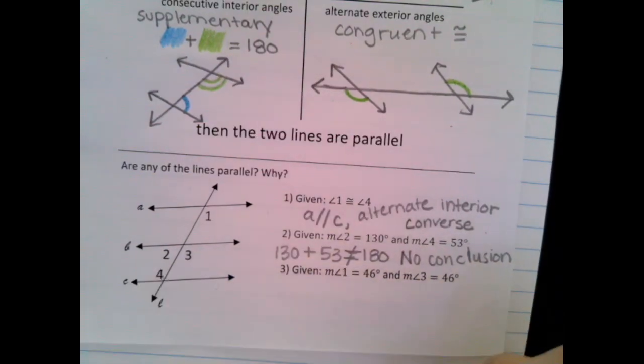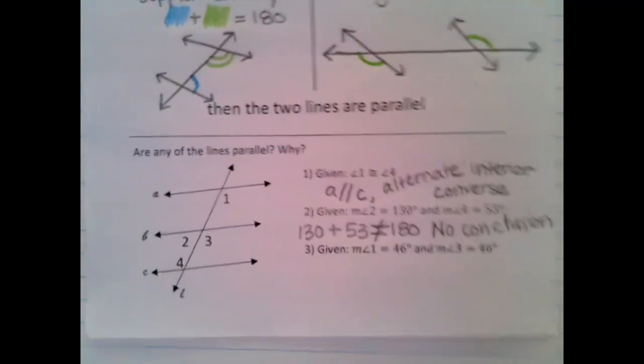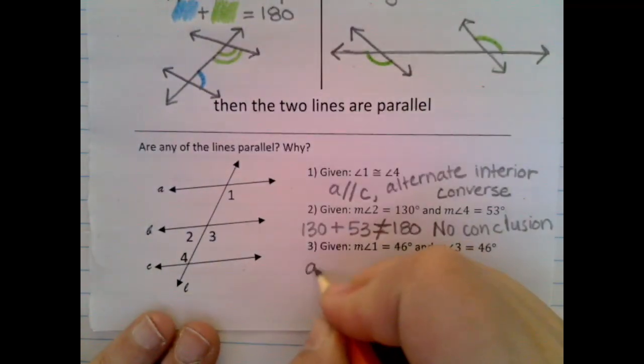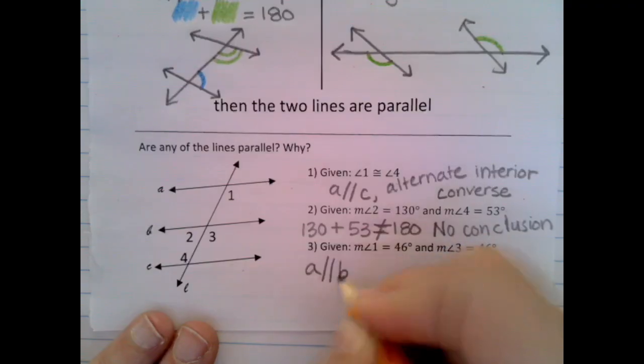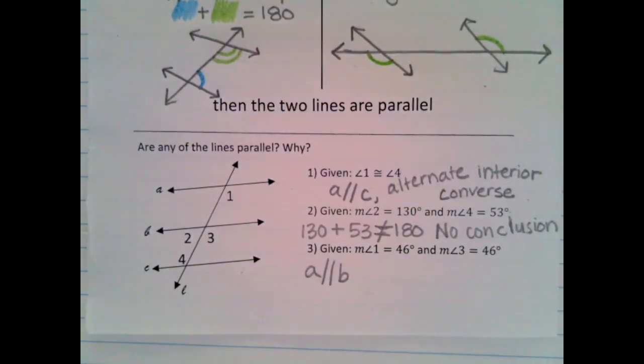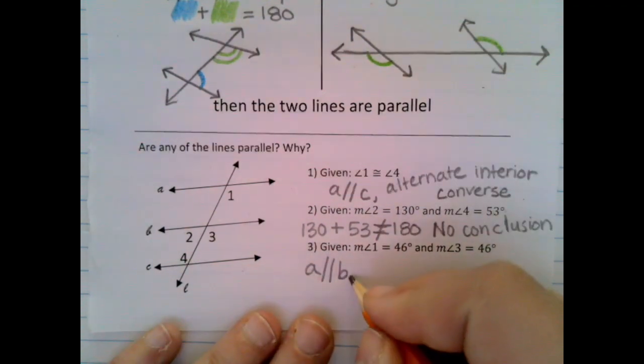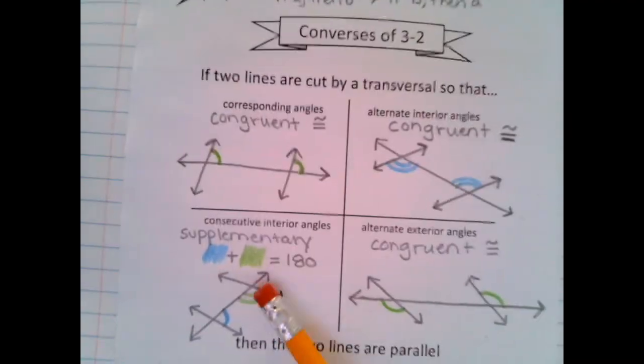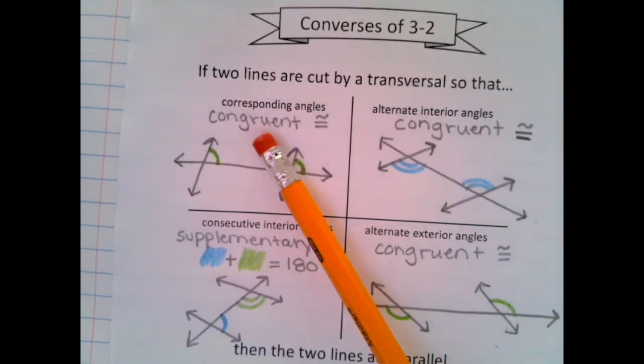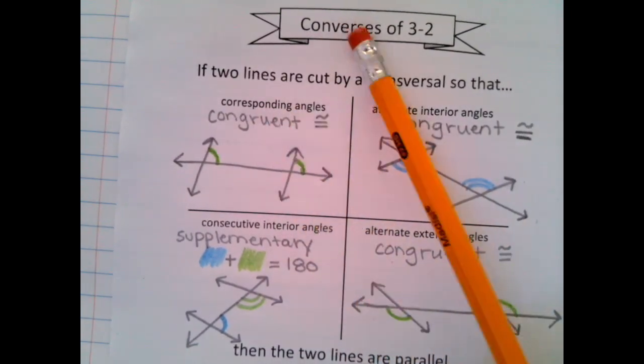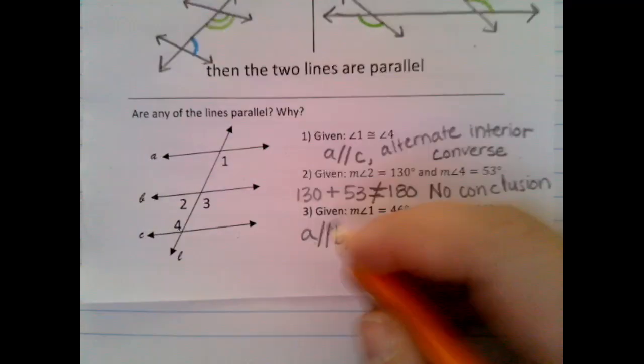So what 2 lines are going to be parallel? A and B. So A is parallel to B. We do those 2 little slashes to show parallel. Okay, A is parallel to B, and then what's our reason? Which one of our 4 are we using? Corresponding angles. Yep, and it's a converse. So corresponding converse.